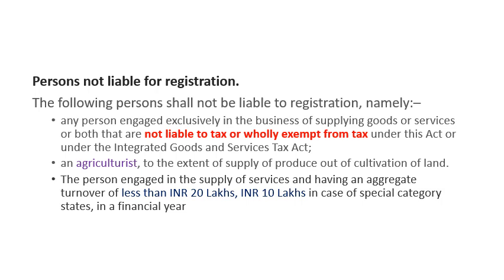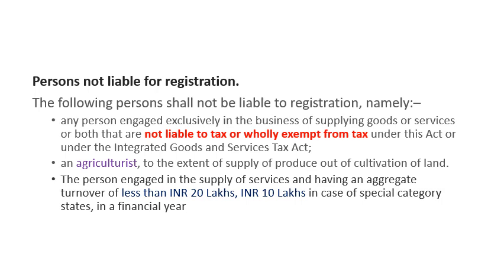So for example, goods that are not taxable or are fully exempt from tax. For such goods, if such goods are sold, under this Act or under the Integrated Goods and Services Tax Act, they are not liable for registration. For example, if the supply of goods and services is not liable to tax, that is wholly exempt from tax, then an agriculturist is also not liable for registration under GST to the extent of supply of produce out of cultivation of land.